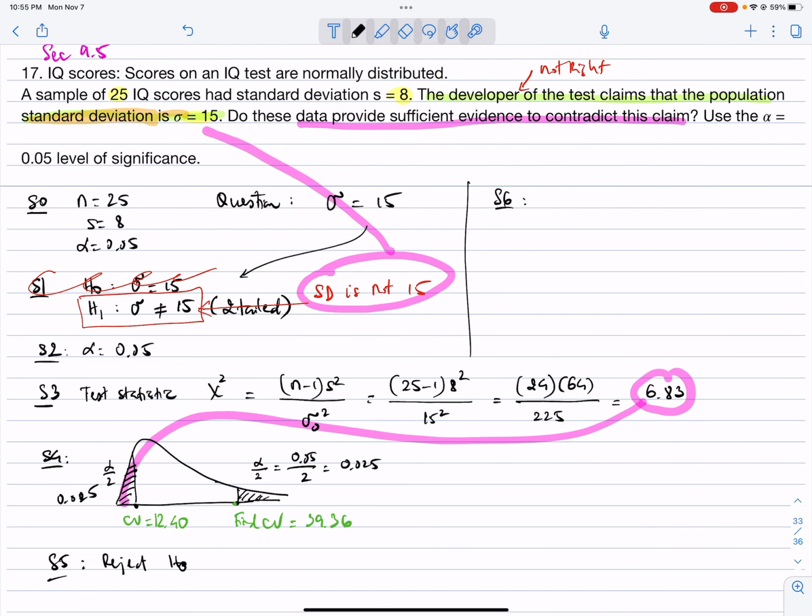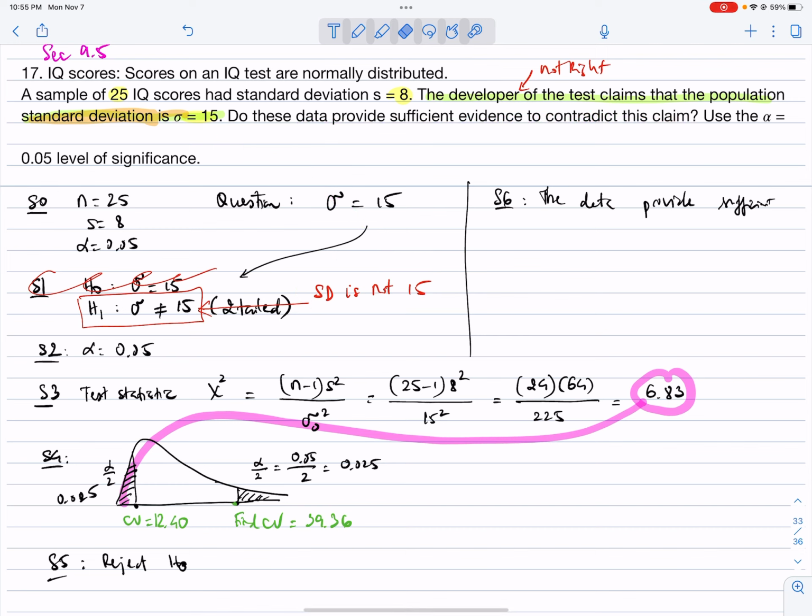So step number 6, we conclude that the data provide sufficient evidence, and then we just go ahead and copy the sentence down. So we just copy this down.